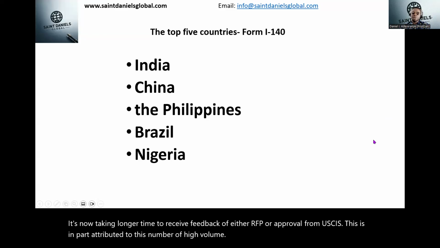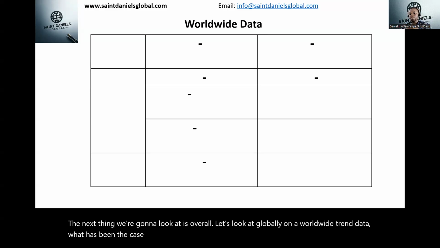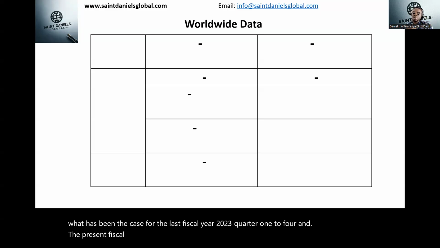The next thing we're going to look at is the worldwide trend data: what has been the case for the last fiscal year, 2023, Q1 to 4, and the present fiscal year, which is about ending, for Q1 to 3 only.